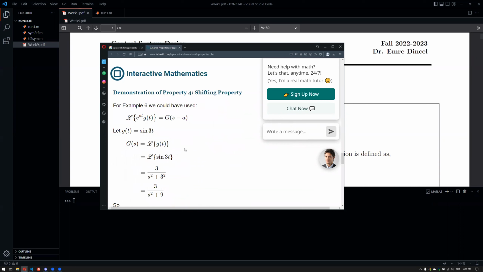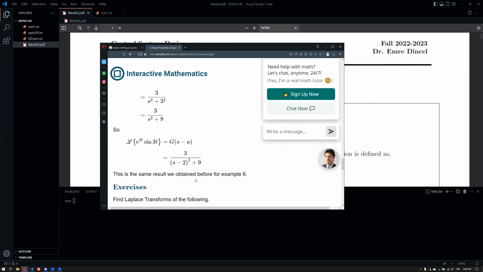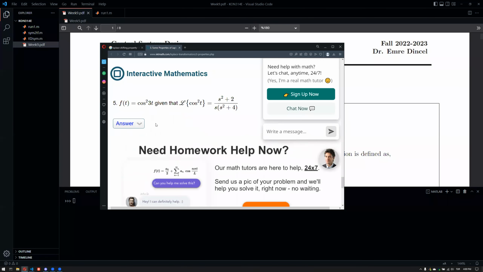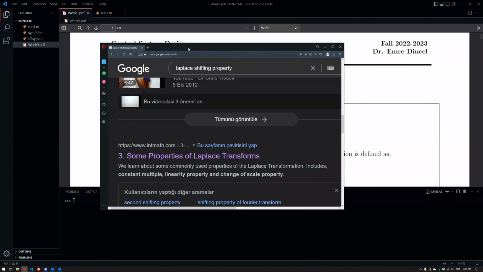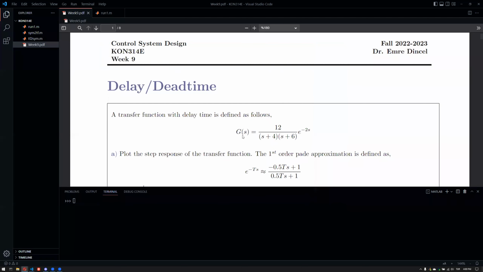So if we shift in time, that should be basically it, but I'm not seeing it for some reason. But you get the idea. If we shift in time, so instead of having y(t), if we have y(t-2), for example, then what you do is you basically multiply with e to the power of minus 2s. Then 2 seconds will be basically the delay part here.